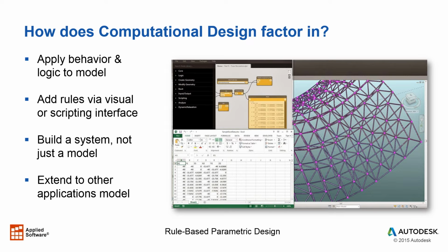So applying rule-based behavior and logic to the model is what Dynamo does. It adds rules via visual or scripting interface. It builds a system rather than just a model. And any part of the system that is being modified affects all the other parts of the system. It extends to other applications.